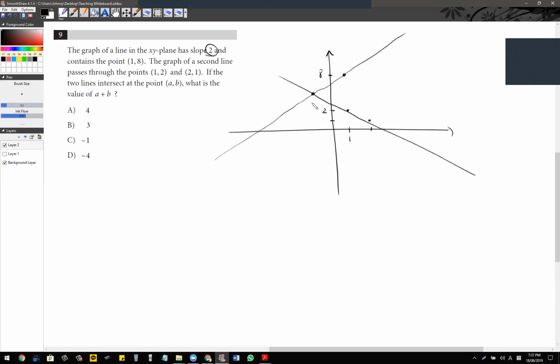We know that this point there is AB, but A is going to be a negative value and B is going to be a positive value, true? Yes.